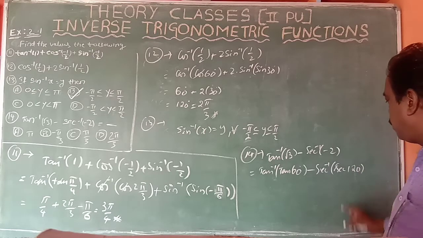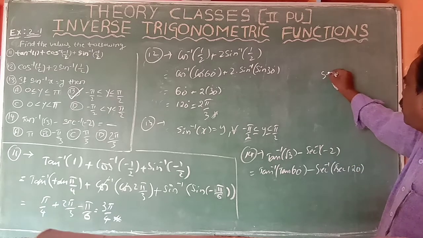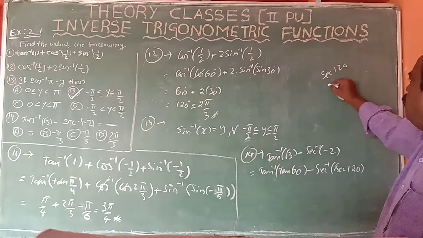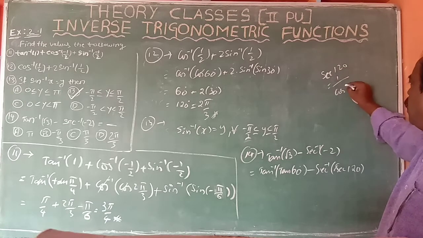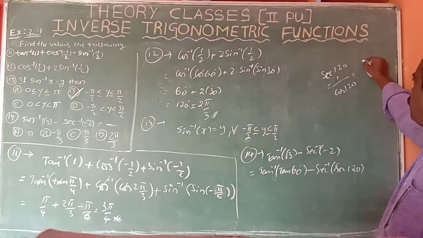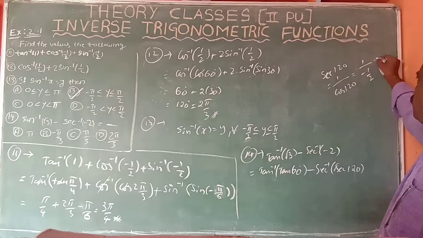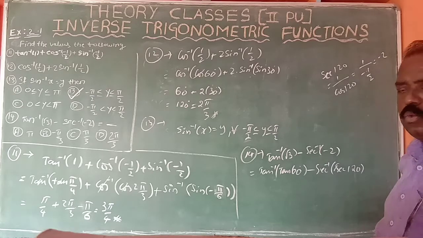You may get some doubt. Secant 120 is 1 by cos 120, which is 1 by minus 1 by 2, that is minus 2.